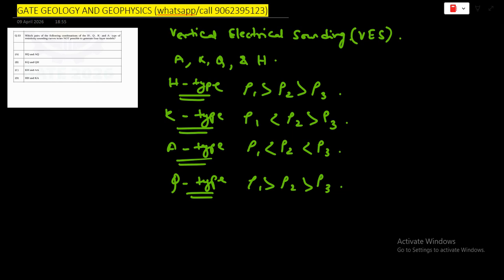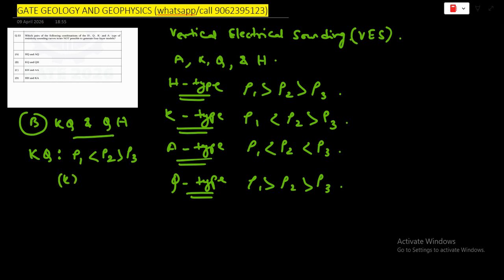So let's test option B, that is KQ and QH. KQ needs rho 1 less than rho 2 greater than rho 3, that is for K, and rho 2 greater than rho 3 greater than rho 4, that is for Q. So this works.